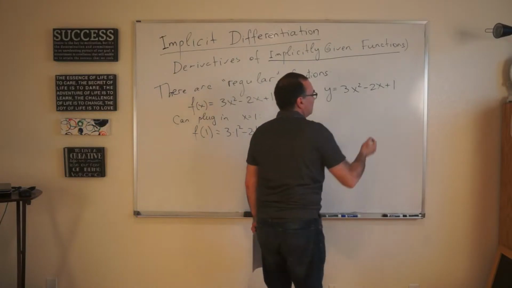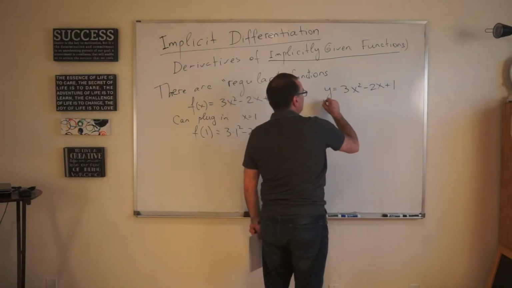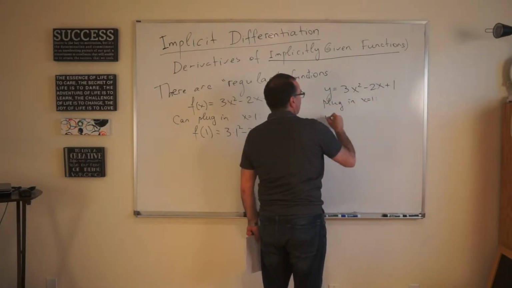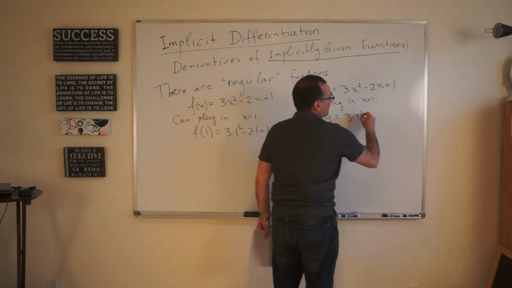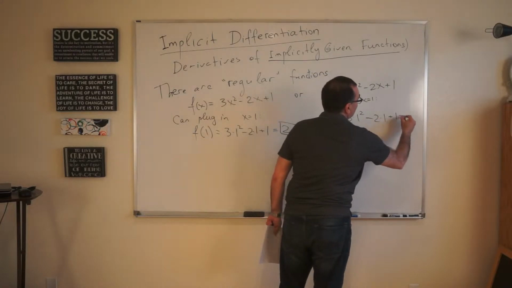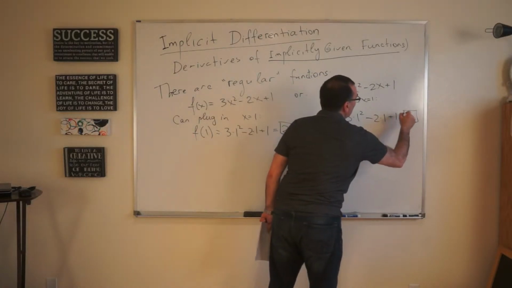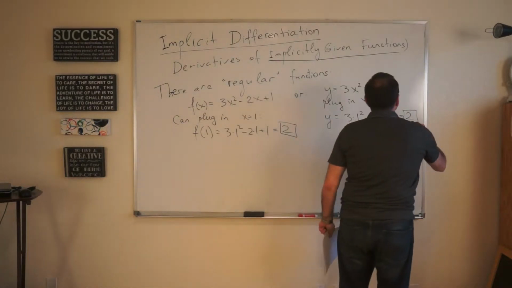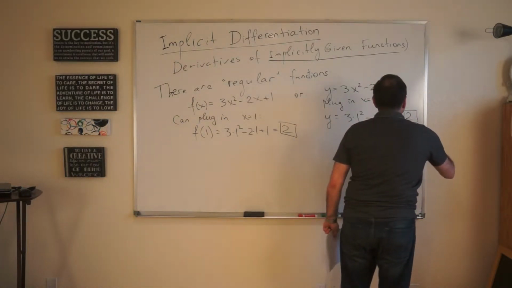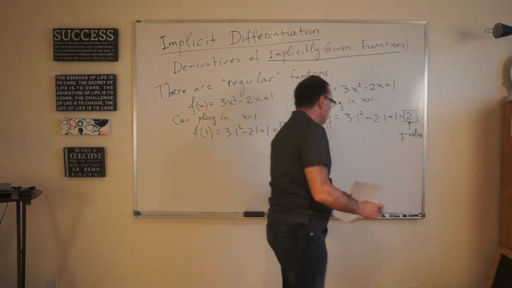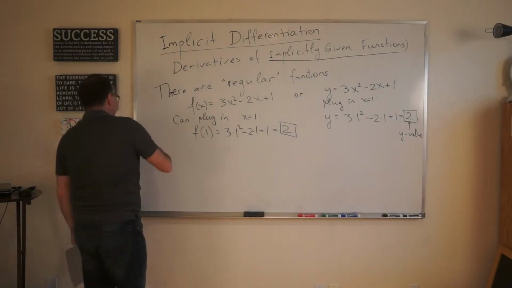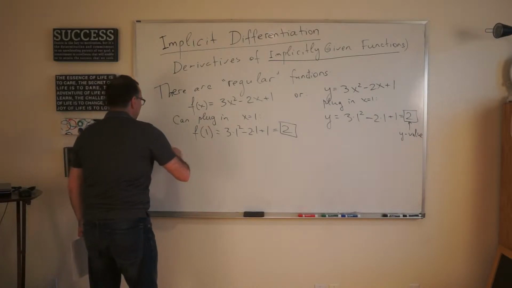And then again we can plug in x equals 1, and we get y equals 3 times 1 squared minus 2 times 1 plus 1, and again it equals 2. Now it's a y value because the function is denoted by y. Now these are regular functions and they are called explicitly given functions.